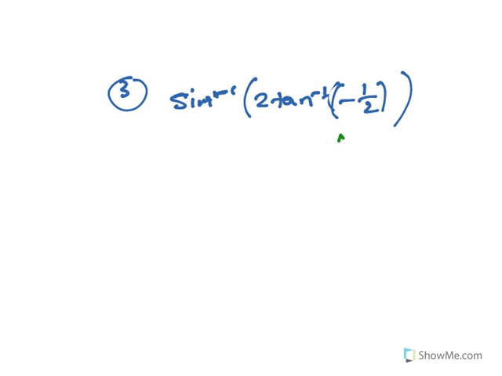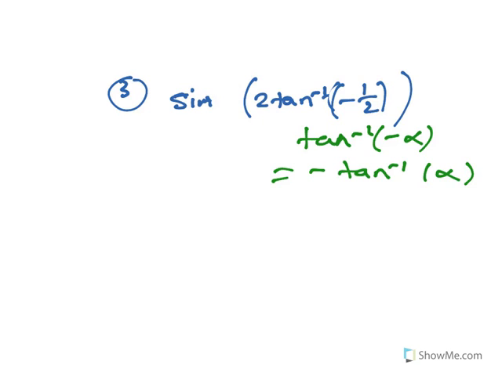Okay, so looking at this one, tan the minus 1 of minus a is equal to minus tan the minus 1 of a. That's equal to sine of minus 2 times this part here.